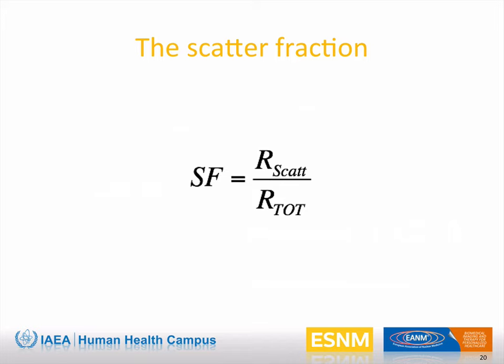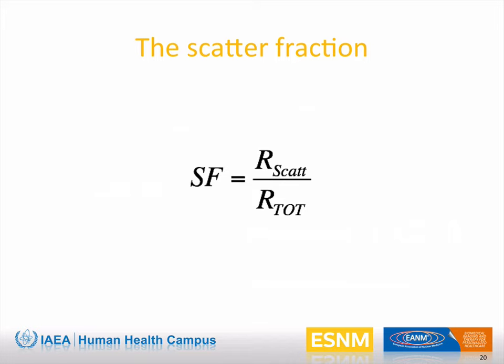An important figure indicating the relative weight of the effect of scattered events onto the reconstructed image is the scatter fraction, or SF, that is defined as the ratio between the scattered count rate and the total count rate. This is true assuming that the scatter fraction is measured only when the random count rate is negligible. In this case, the total count rate is simply the sum of the scattered plus the true count rates.